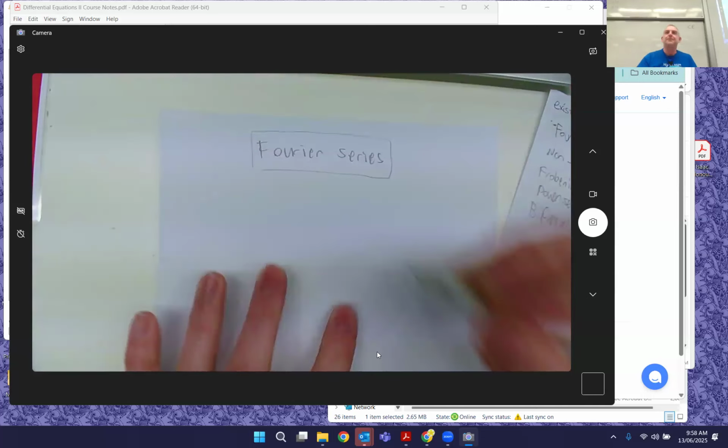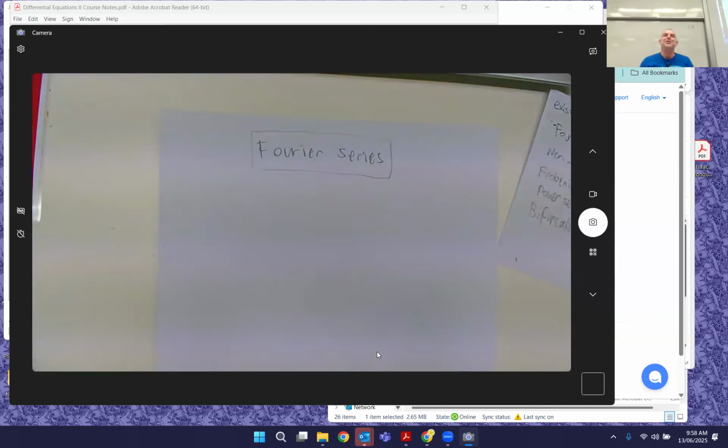When you say Fourier series, what do you mean? What's bothering you? Okay, so you're talking about the process to get the coefficients. And how do you know if you're going to have a cos one or a sine one or both?